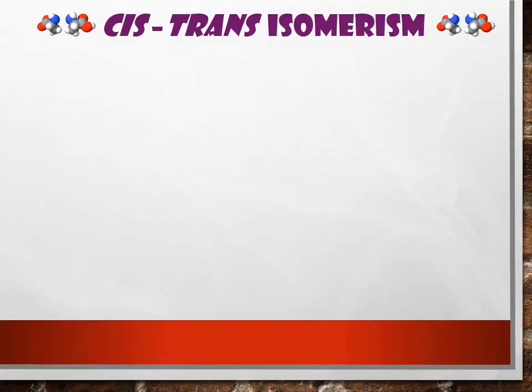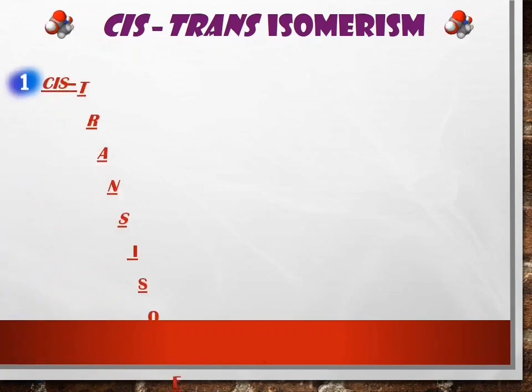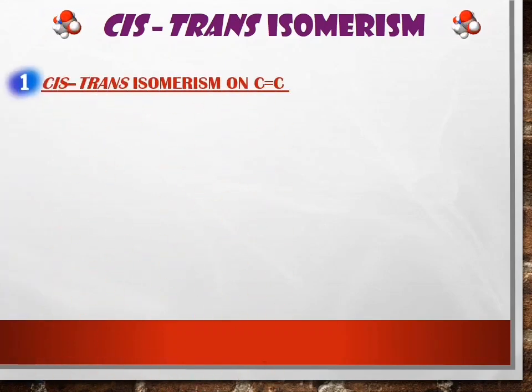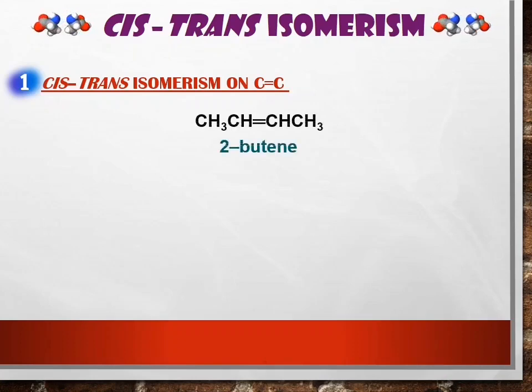Now we are going to learn how to draw cis-trans isomerism. We look at cis-trans isomerism on a carbon-carbon double bond first. For example, we have this compound, which is 2-butene. 2-butene consists of a carbon-carbon double bond here.